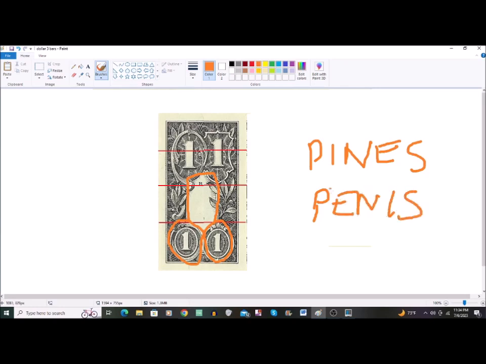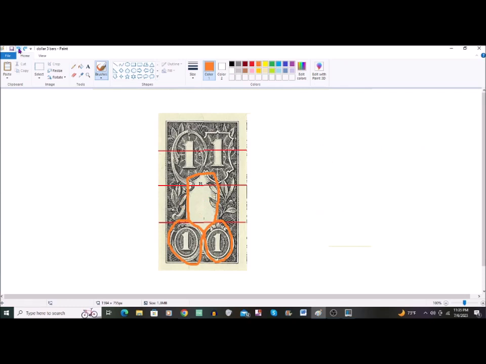Okay, pines, anagram it, okay. Old man Peabody, the Peabody, okay, pretty interesting. The pinhead, the injection.